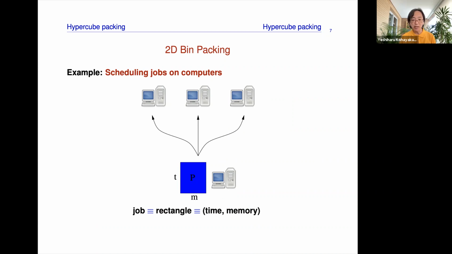You could have many processes described like that, and then you would like to execute this family of processes, distributing them into as few computers as possible. And each computer has some capacity for time and memory. So there is some kind of motivation. But this is all I will say about motivation. I will just consider it as a mathematical problem.